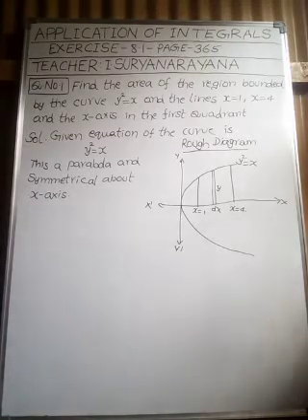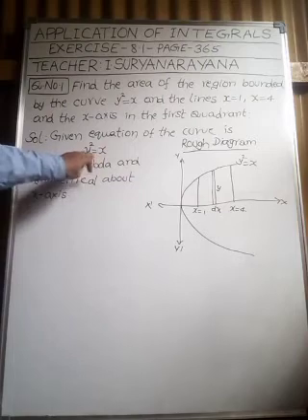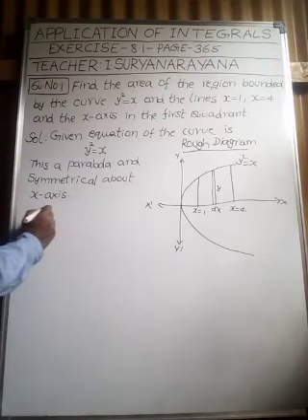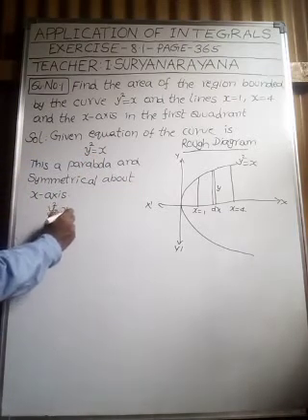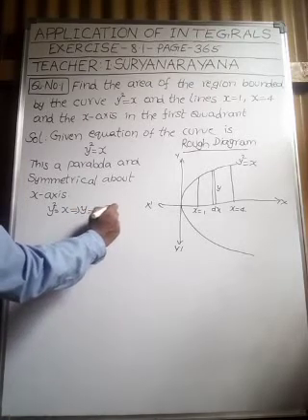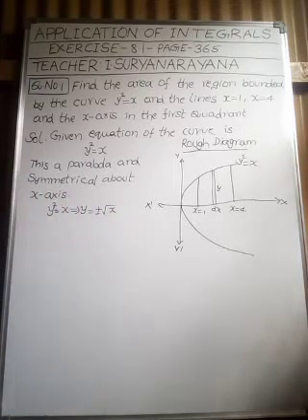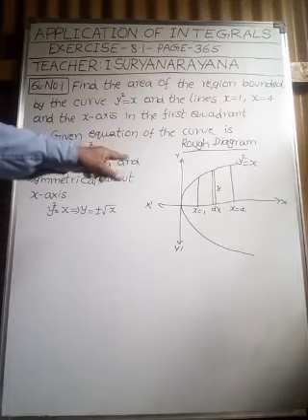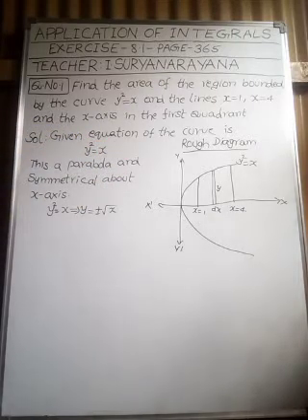So let us find the value of y from this equation. y square is equal to x. This implies y is equal to plus or minus root x actually. But it is in the first quadrant, so we consider here root x only.